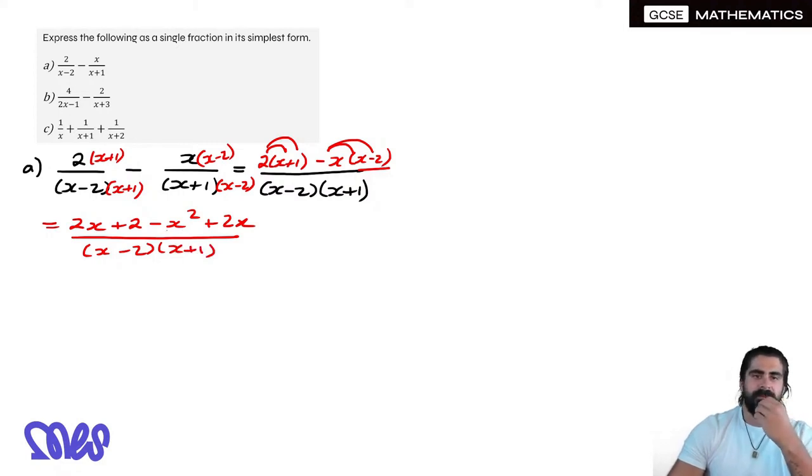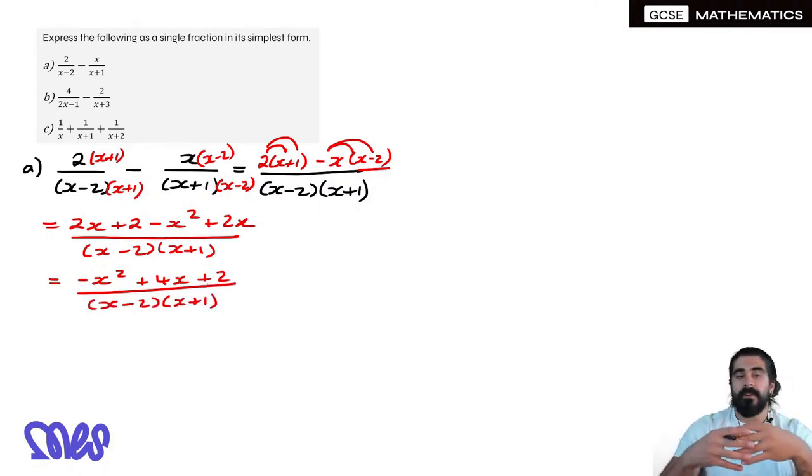Now from here, we can simplify the top. We usually like to write the x squared first. So we can say minus x squared, 2x plus 2x is 4x, plus 2, over x minus 2, x plus 1.